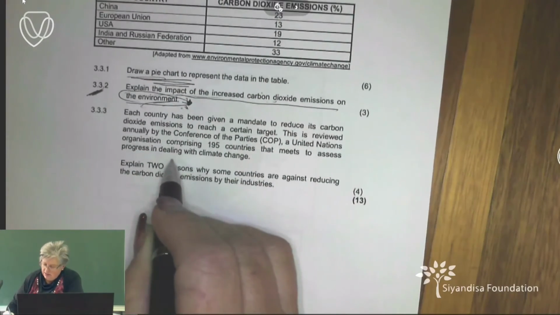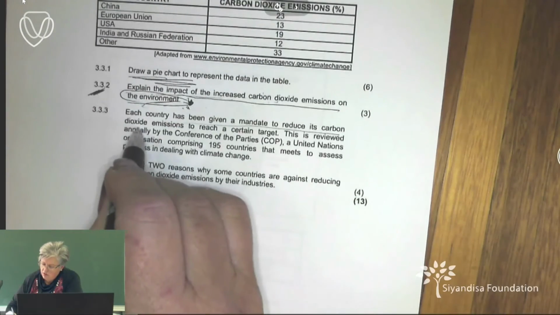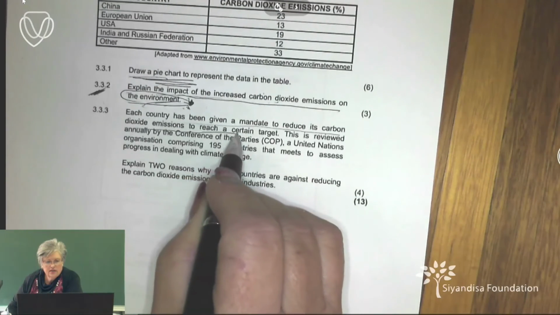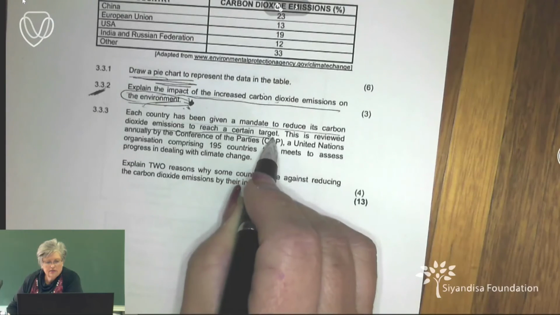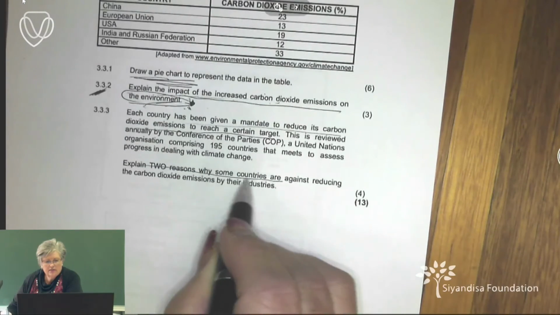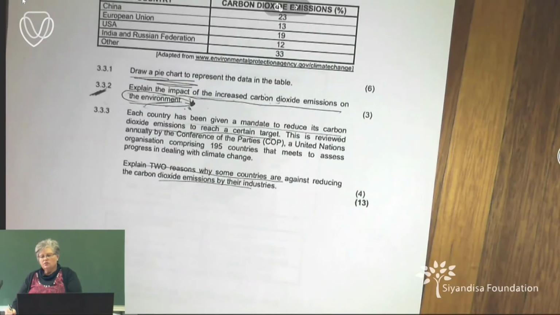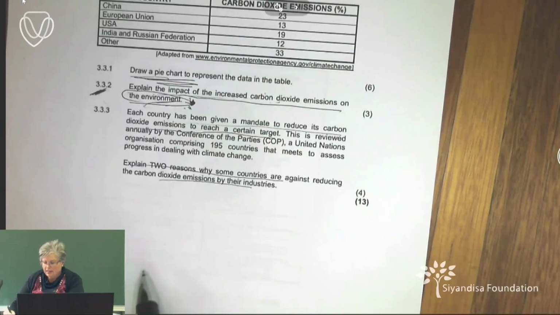And then each country has been given a mandate to reduce carbon dioxide emissions to a certain target. Explain 2 reasons why some countries are against reducing carbon dioxide emissions. Because carbon dioxide emissions directly link to rich countries.